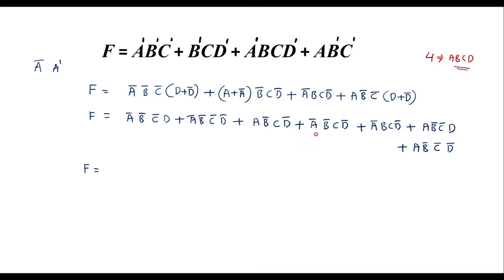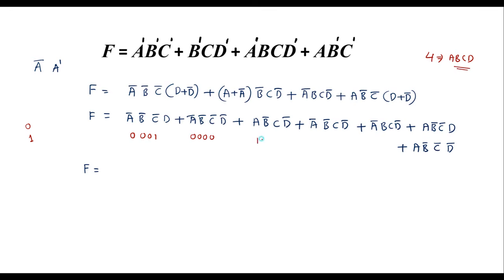After simplification we need to convert this into min terms. To convert this into min terms, wherever there is a complement we will take it as 0, and for a direct variable we will take it as 1. So this is nothing but 0, 0, 0, 1. Similarly this is nothing but 0, 0, 0, 0.